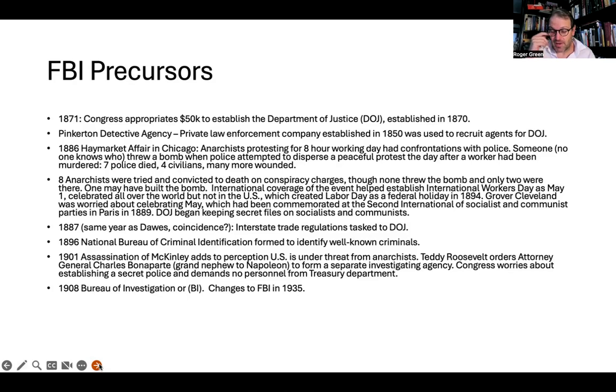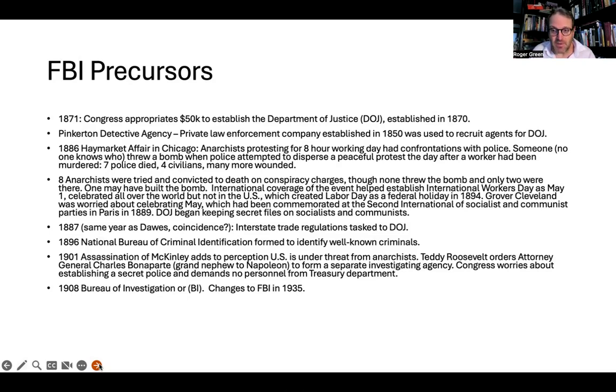Teddy Roosevelt, and now there are new TV shows coming out celebrating Teddy Roosevelt, but he was really nasty towards Native peoples. Teddy Roosevelt ordered the Attorney General Charles Bonaparte, who's the great grandnephew to Napoleon Bonaparte, to form a separate investigating agency.